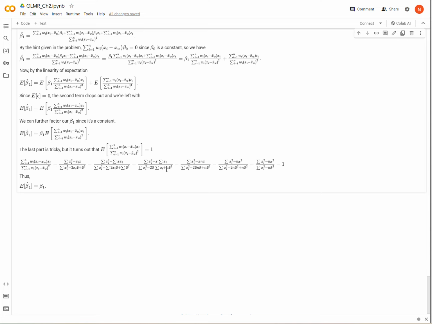Similarly, I can write the sum of the xi's as n times x bar, so if I just have n x bars, that's going to equal the sum of all of the xi's. Now I can rewrite all of that as this, and I can simplify. I have x bar times n times x bar, well, that's n x bar squared.